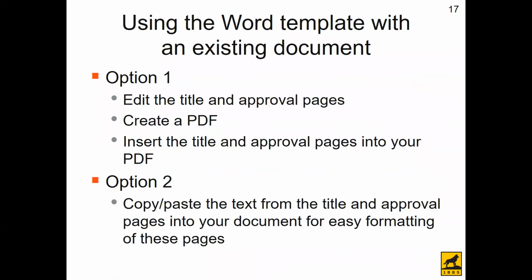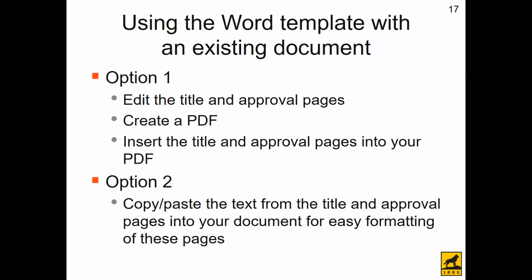You can use the Word template with an existing document. So if you've already started your document and you really don't want to fuss with putting your stuff in the template because you don't want to mess that up, one option is to take the title and approval pages, put the required information in them, create a PDF, and then when you create your PDF of your thesis, you can just put those two pages in the front.